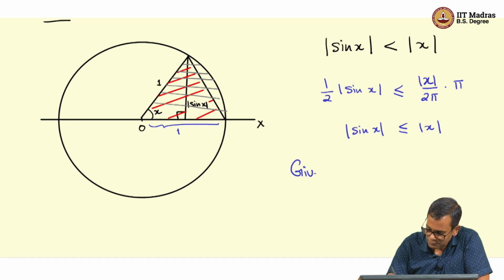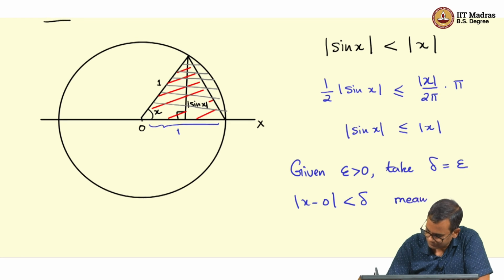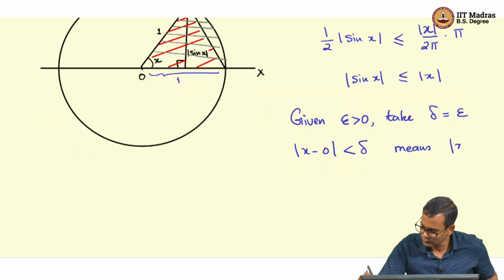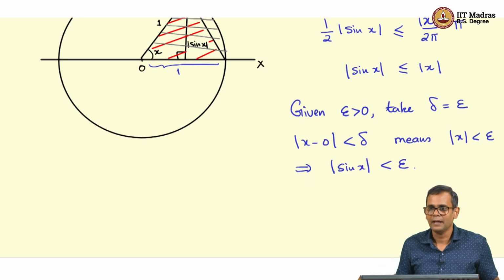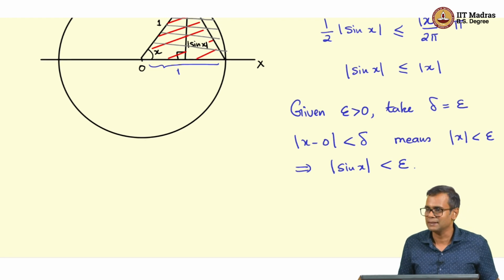So, given any epsilon greater than 0, take delta equal to epsilon. So, if absolute value of x minus 0 is less than delta, which means that absolute value of x is less than epsilon, which implies that absolute value of sin x is less than epsilon, and this proves that the limit as x goes to 0 of sin x is equal to 0.